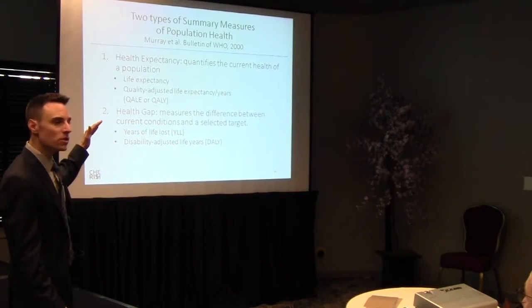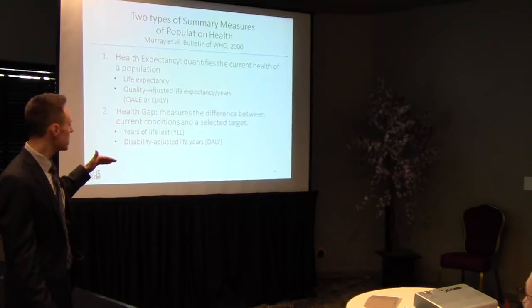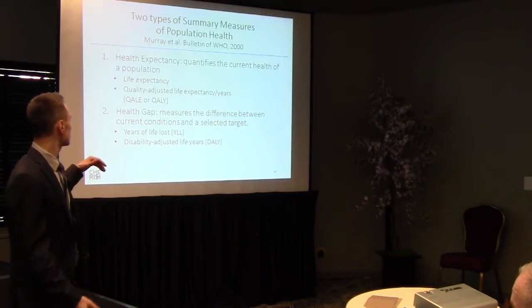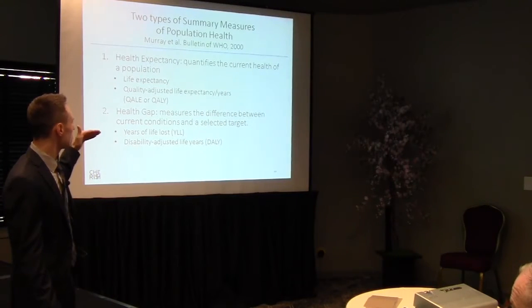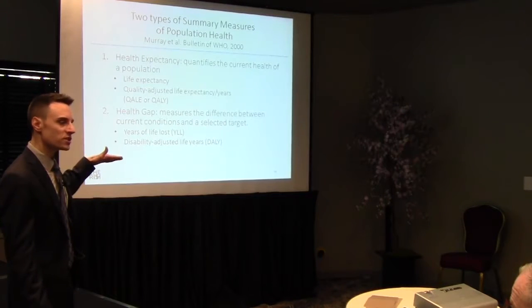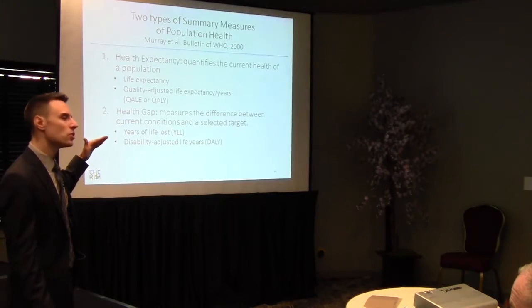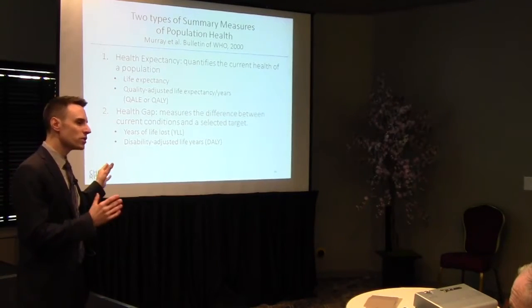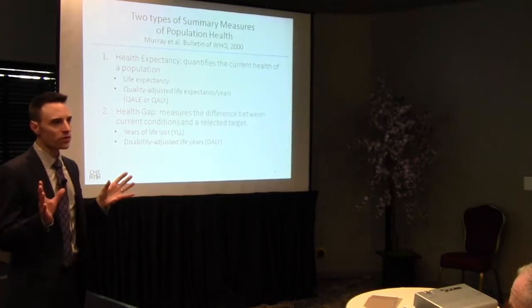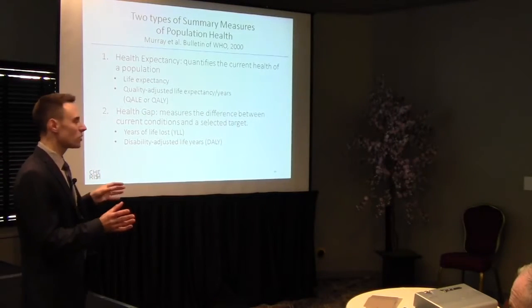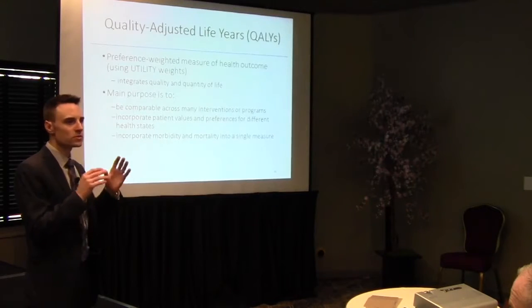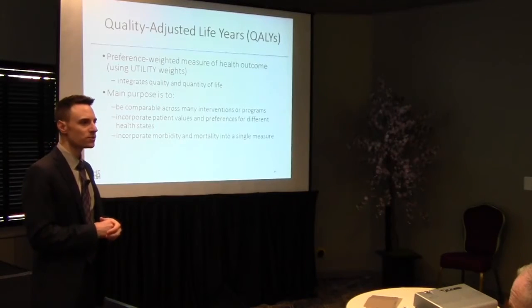But there are other alternative measures that you see occasionally, depending on the context of the study, for example years of life lost and disability-adjusted life years. So just know that those are alternatives. In general, health economists feel that the quality-adjusted life year is still superior to those alternative measures, but they do have places.